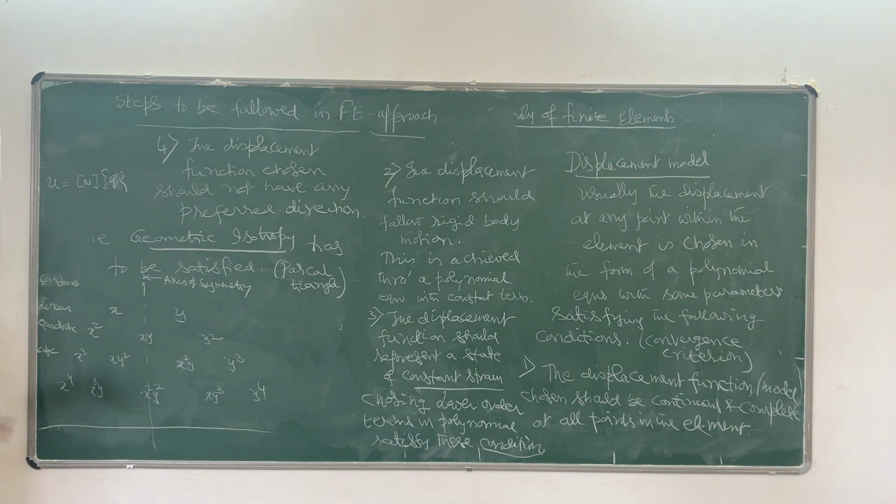Right? Then we go to the third step. First step discretization, second step displacement model, it is very important. Then third and fourth, element property: strain, stress, from theory of elasticity you have ready-made equations for strain, stress, strain energy, and potential energy. You can find the element property K. That's all.